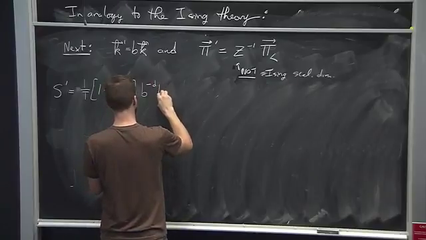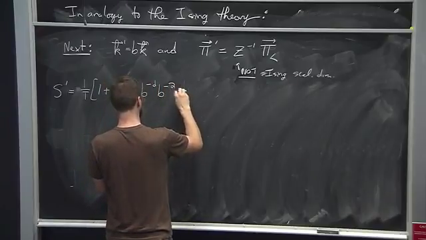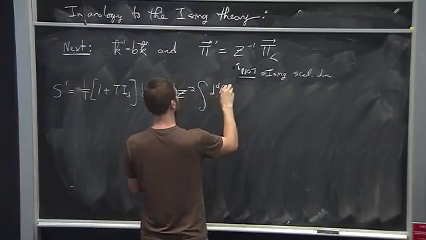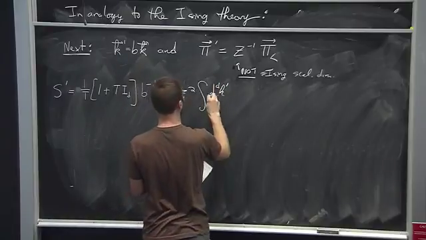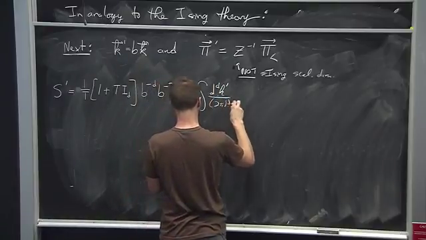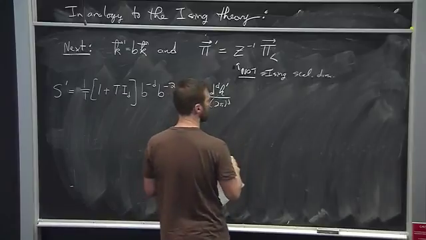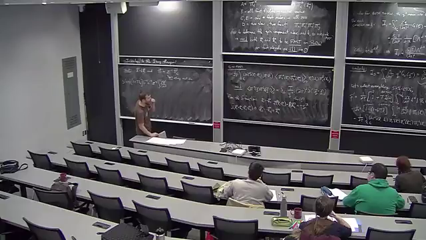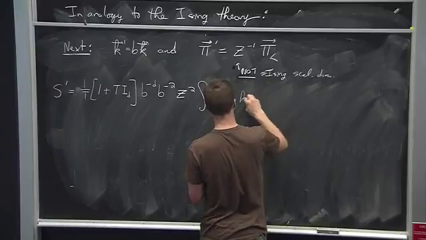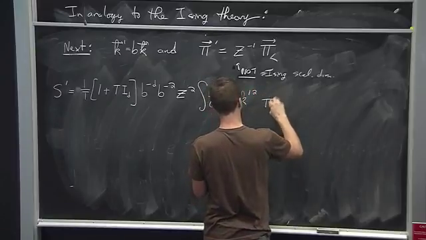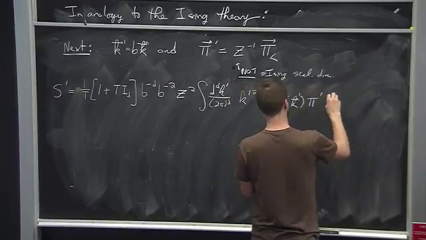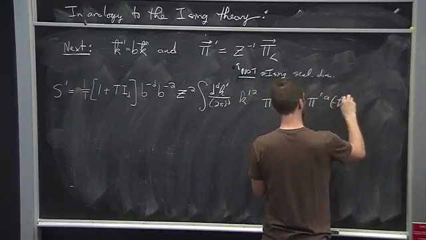Is this right? And then I have a z squared from the fields, d dk prime, 2 pi to the d. I have my k squared, so it's now k prime squared. That's where this minus 2 comes from. k prime squared, phi k prime, phi k minus k prime.